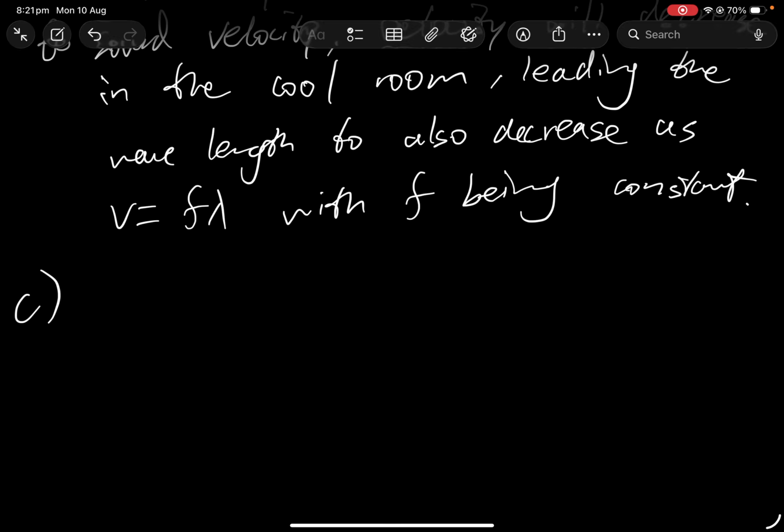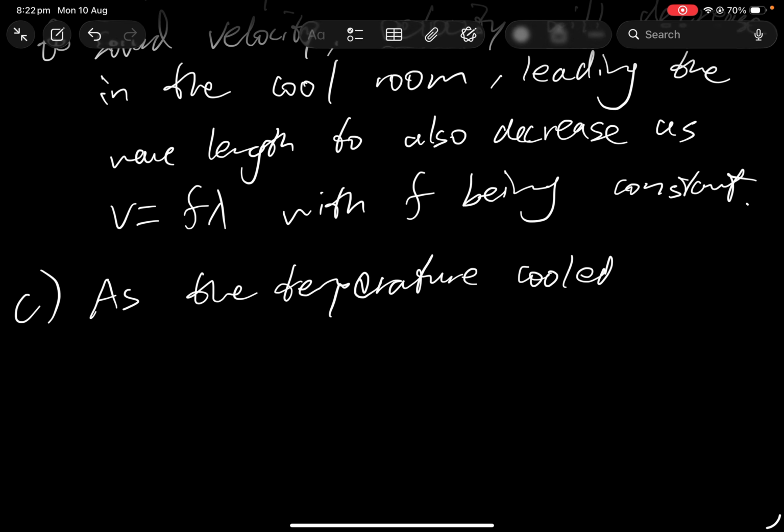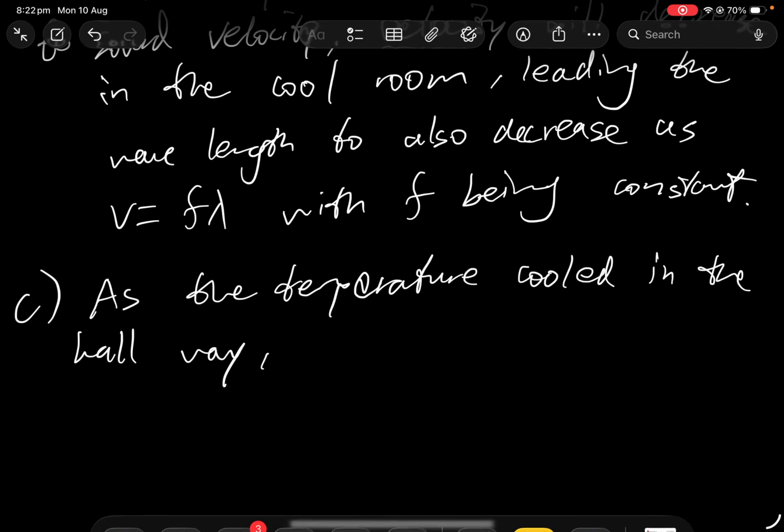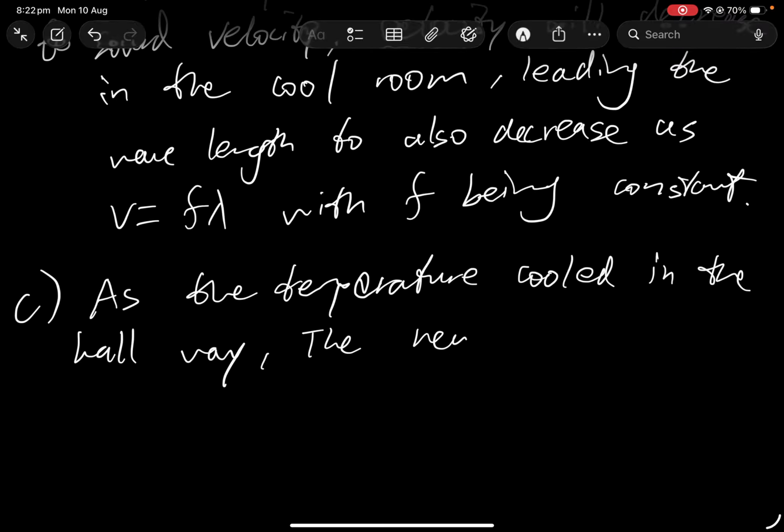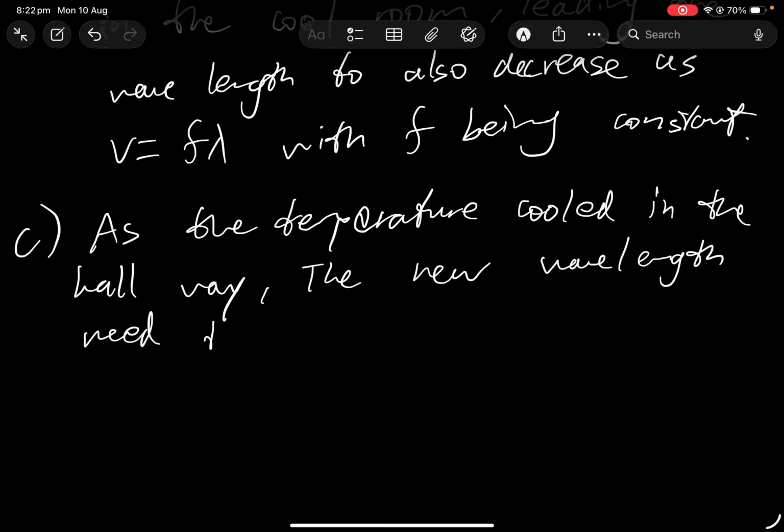Third part says, will the sound wave become more directional or more spread out after entering the hallway? So it's after entering the hallway. As the temperature cooled in the hallway, so it's still heavily cooled to 10 degrees Celsius, the new wavelength needs to be calculated.